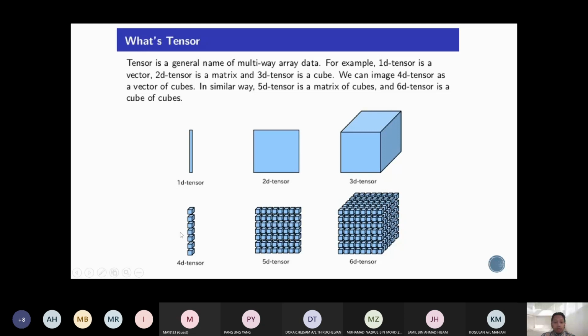Then we can stack four-dimensional tensors next to each other to form a five-dimensional tensor, and so on. Usually in solid mechanics, in continuum mechanics, we use 1D tensors up to four-dimensional tensors. In special cases we use higher ones, maybe not in continuum mechanics, but in something else.